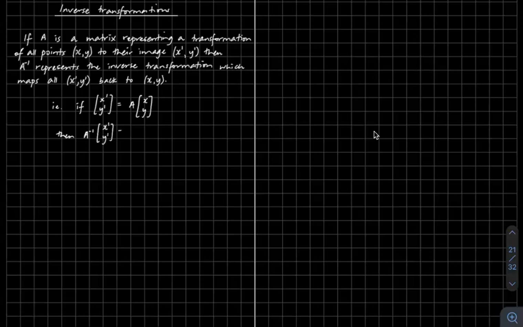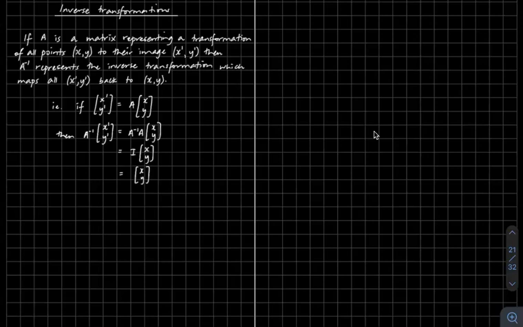on both sides. So pre-multiply by the inverse, which on this side would just produce I times xy, which is equal to xy.